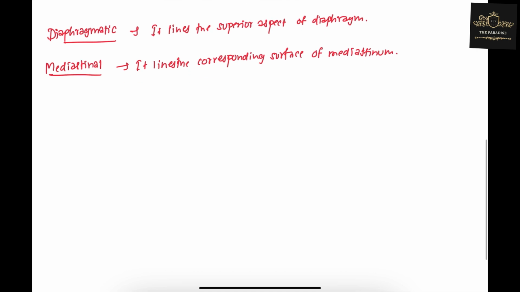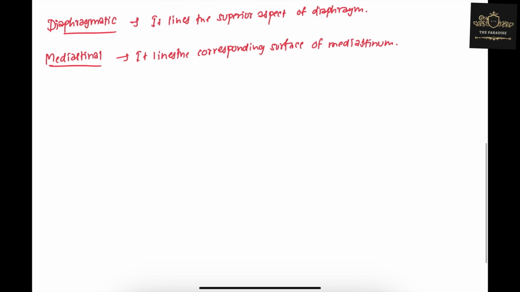Okay. Then next and last is cervical pleura. It covers the apex of the lung and enters into the neck region.